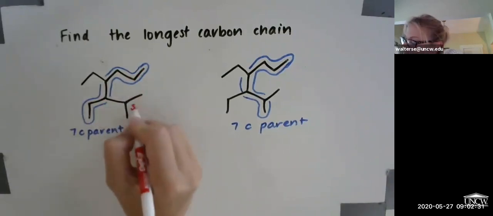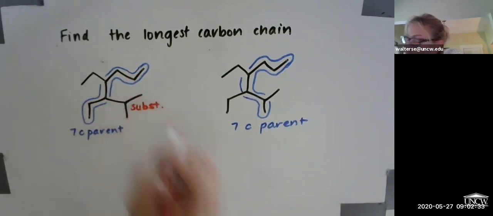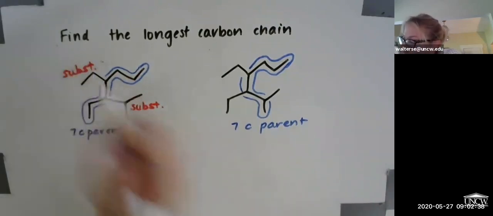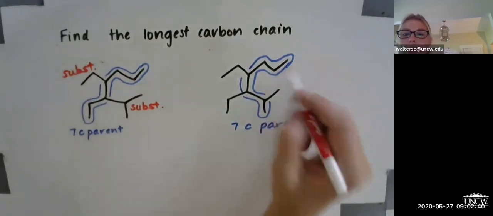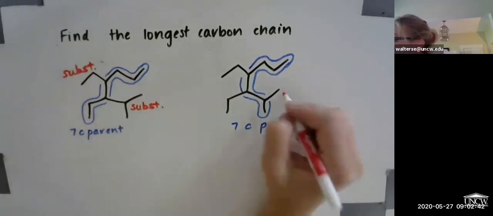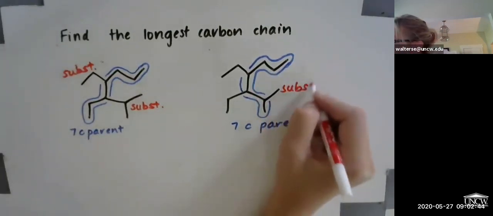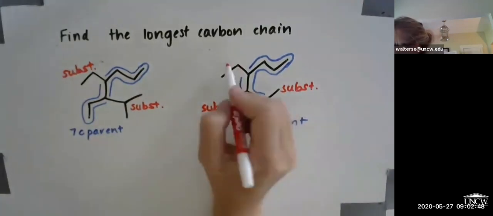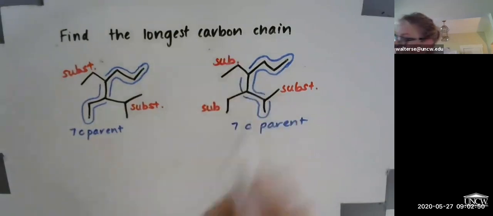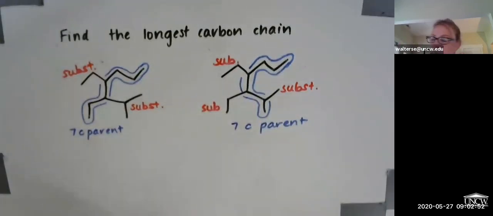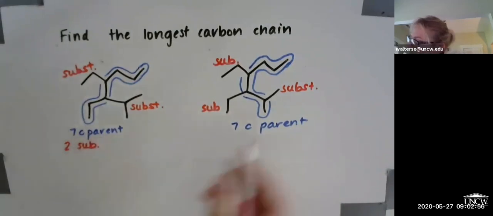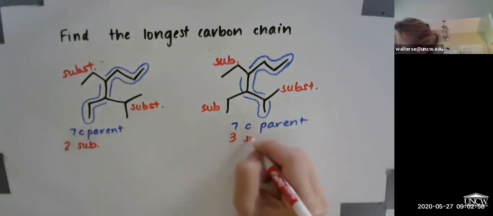So this is a substituent, and this is a substituent. Now on this 7 carbon chain, you have a substituent here, a substituent here, and a substituent here. So on this side, you get 2 substituents. This side, you have 3 substituents.